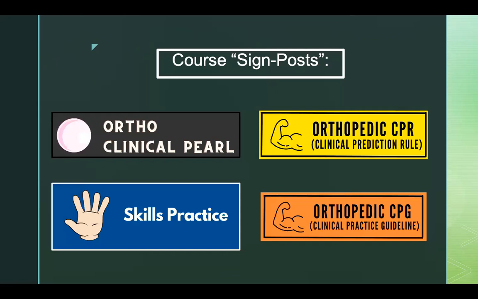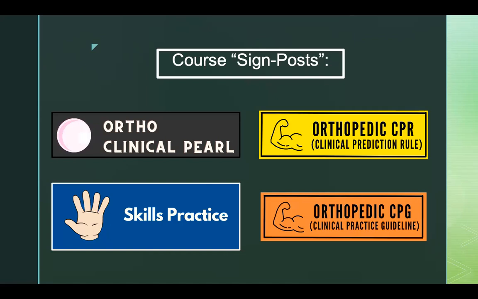These are some symbols that I've created that you will see interspersed within the PowerPoints. The yellow graphic is going to be for CPRs. Anytime you see that, that will be describing one of our clinical prediction rules. The orange is for our CPGs, the clinical practice guidelines. This gray box is orthopedic clinical pearls.